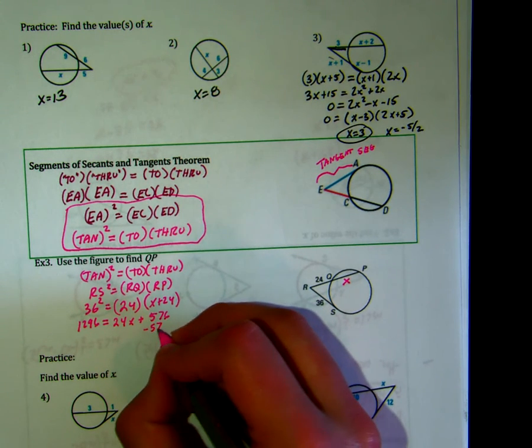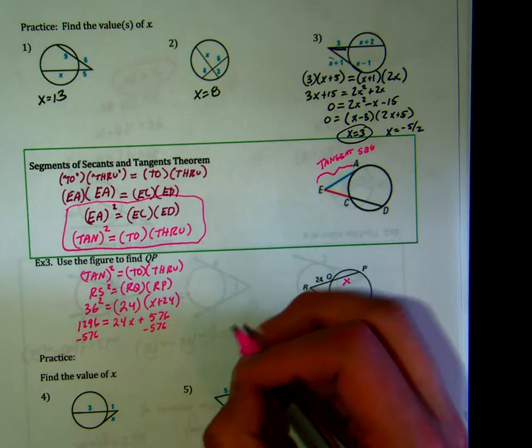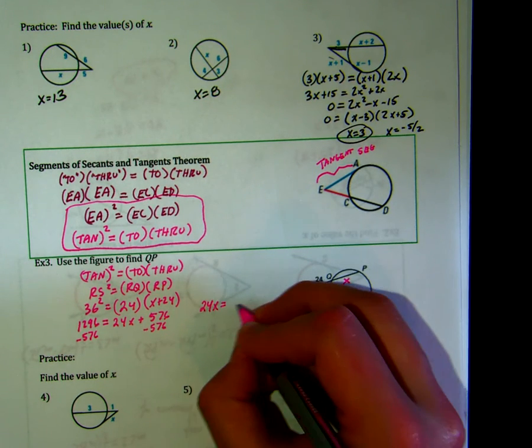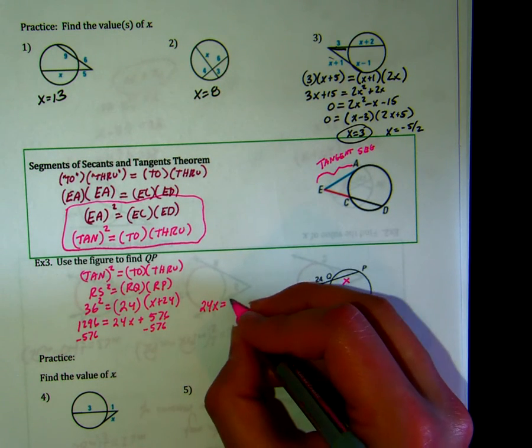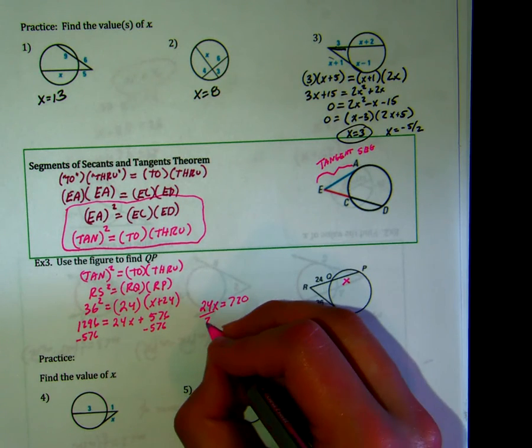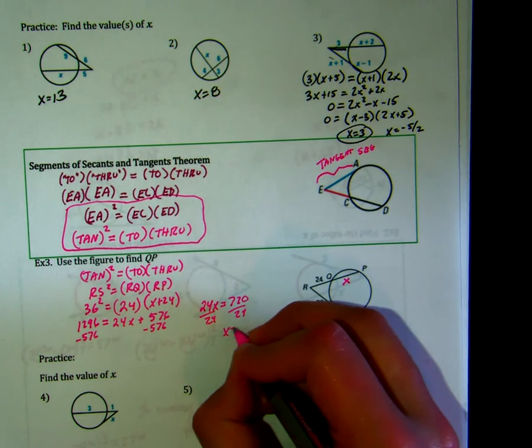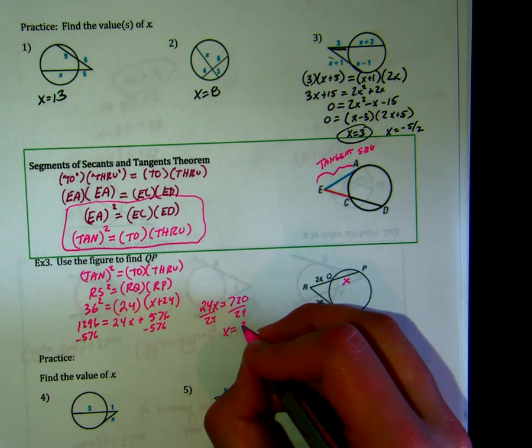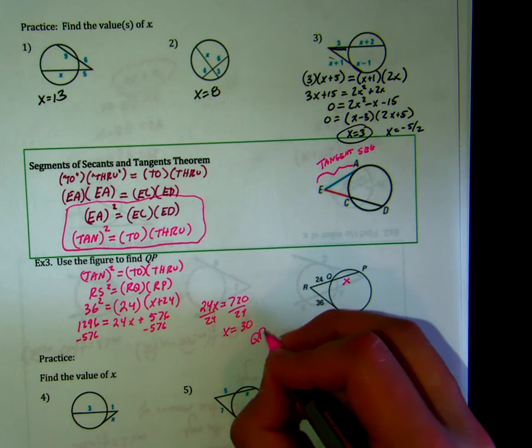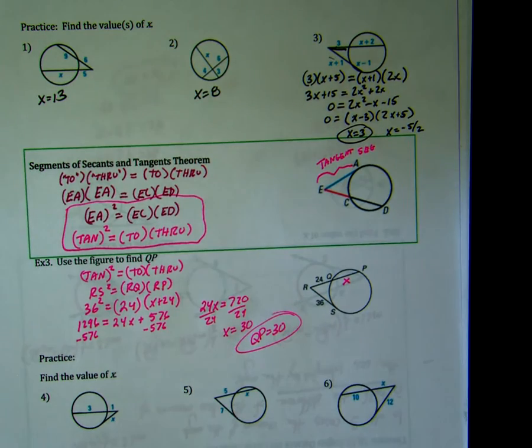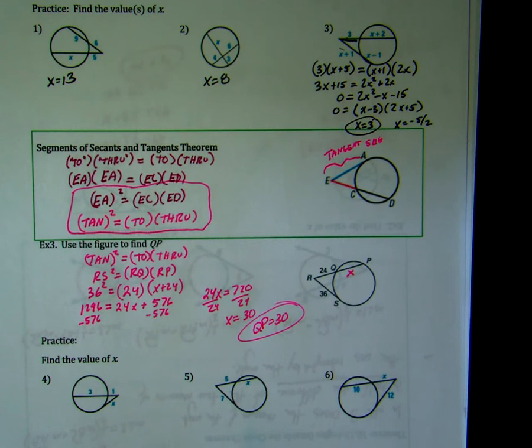We can subtract the 576, and we get 24x equals 720. And then dividing, we get x equals 30. And so x is just what QP is, so QP equals 30. So again, you just want to use that idea: to the circle times through the circle.